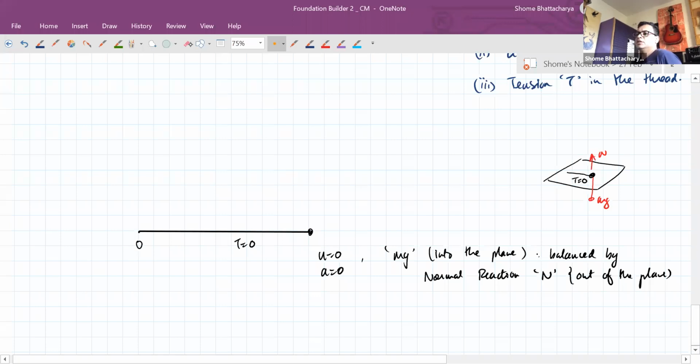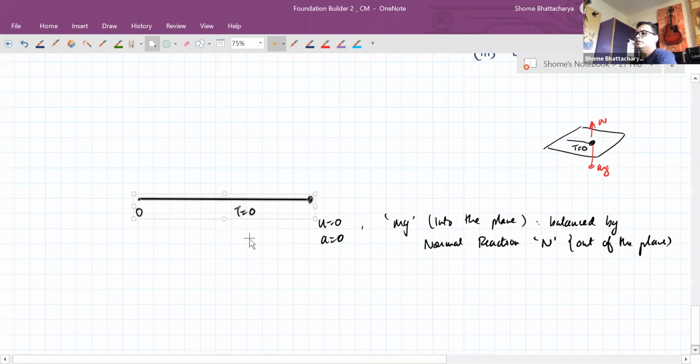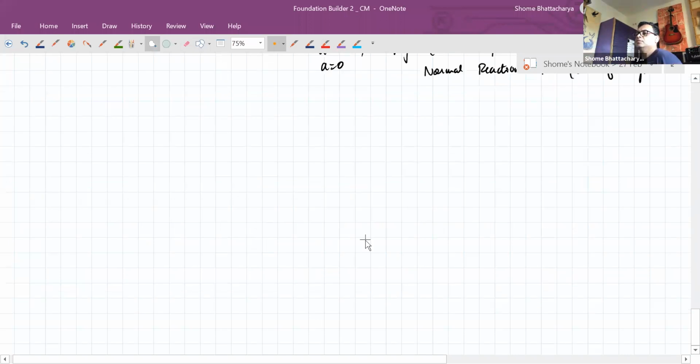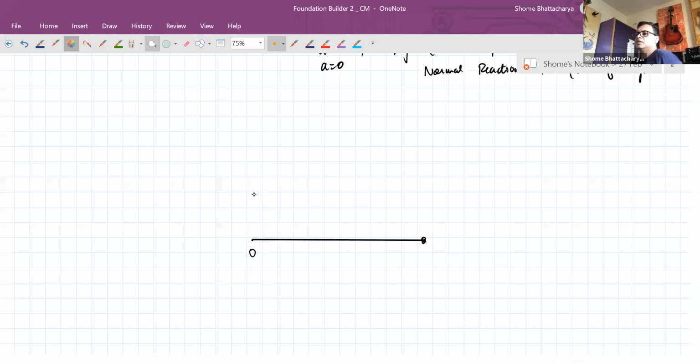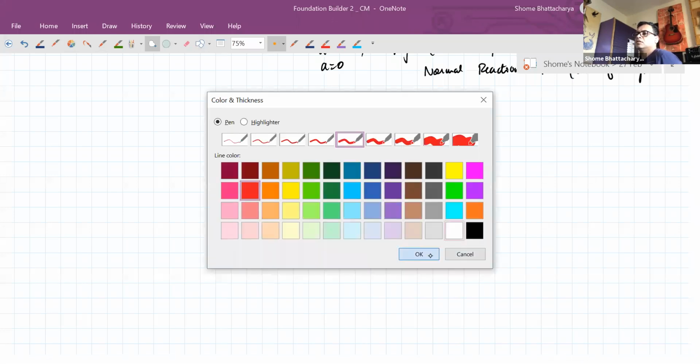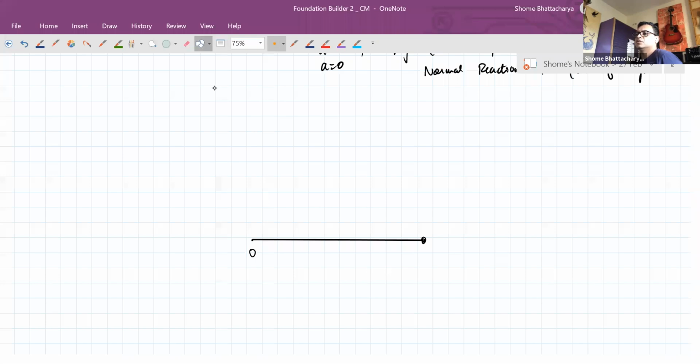Now see, the moment we give this an initial velocity, the situation is going to change. So now we have given the particle a push or an impulse or a jerk in this direction.